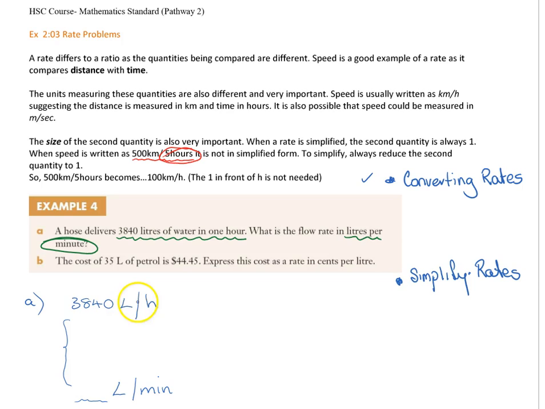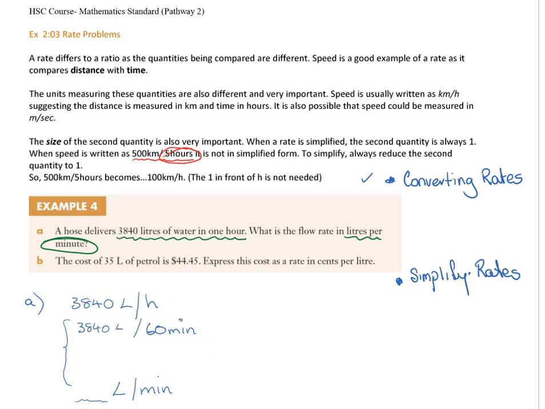So I can see there that I'm going to convert basically my hours to minutes. I don't have to do any conversion on the litres, which is really nice. So my first step would be to think about, I've got 1 hour and I need to convert it to minutes. I think we can see immediately that we could write, without multiplying or dividing, just simply replace 1 hour with 60 minutes.